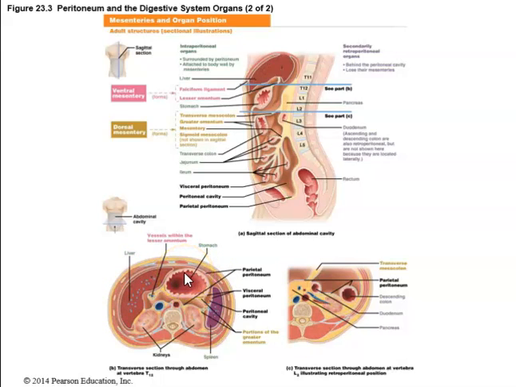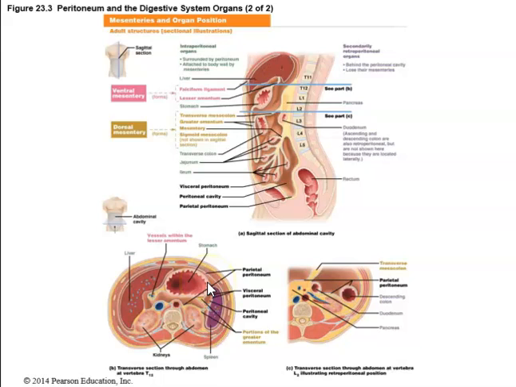And then within the lesser omentum, which is that part of the mesentery off of the stomach, you'll see some vessels located within the lesser omentum. And then you'll see parts of the visceral peritoneum, which is the part of the peritoneum that surrounds the organs within the peritoneal cavity. And then the parietal peritoneum, of course, is the part of the peritoneum that lines the abdominal wall.